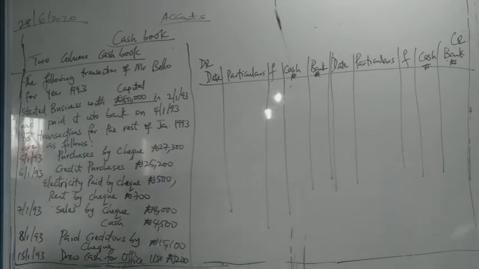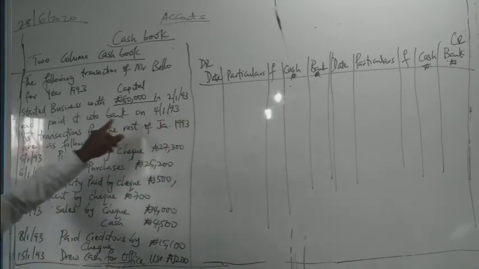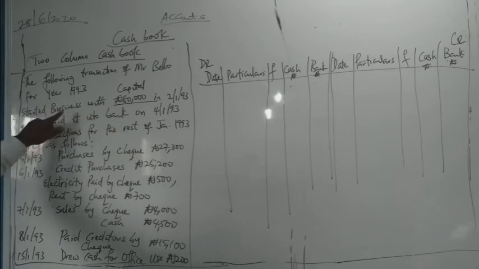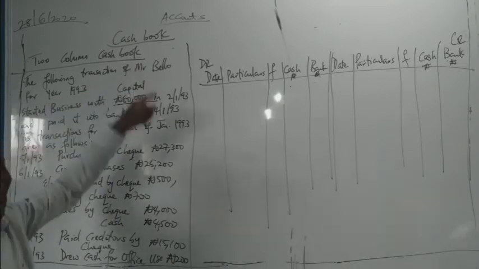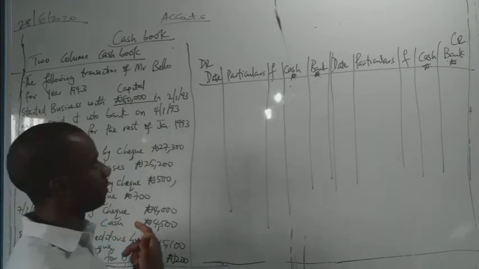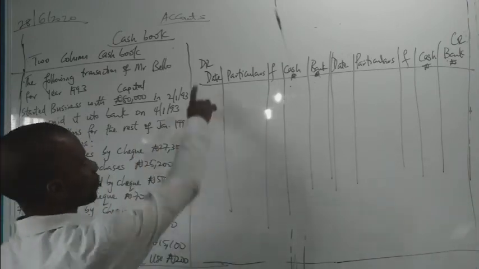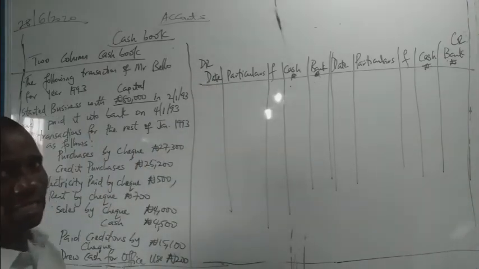Now that amount was paid into the bank on 4th January 1993. The bank of who? The business, not the bank of Mr. Bello. Now that means money proceeds were gotten into the business to start with. And that proceed, when money is coming in, remember I told you it will be recorded on the debit side.